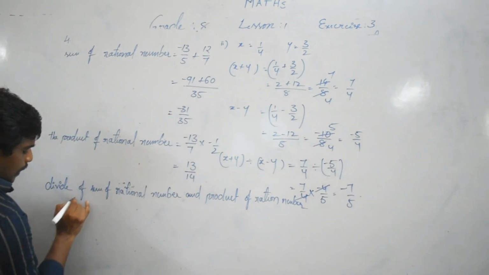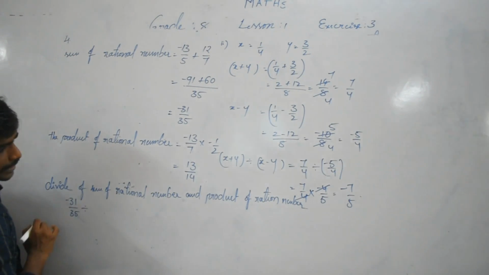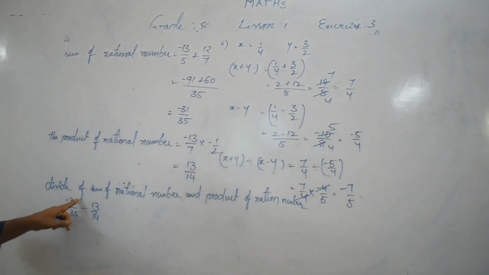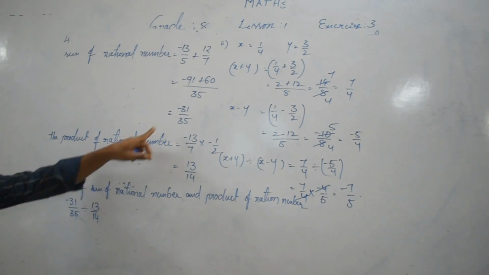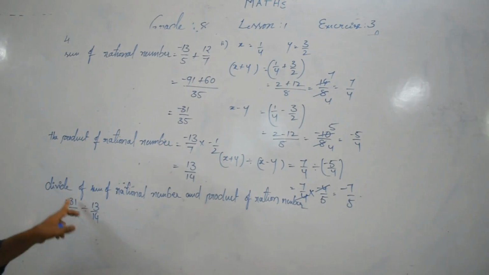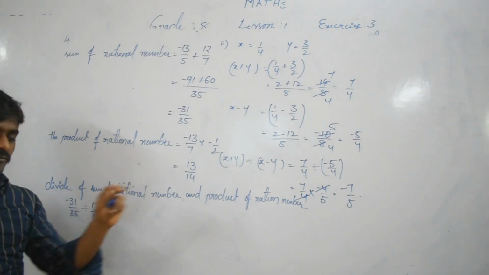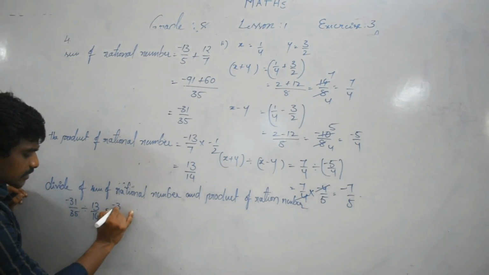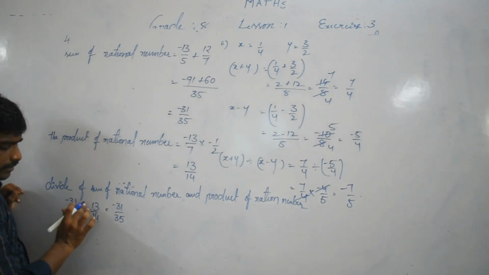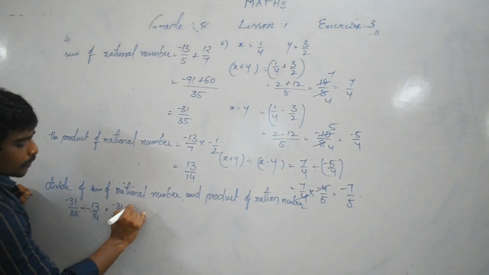So minus 31 by 35 divided by 13 by 14. So sum of the two rational numbers, minus 31 by 35, divided by product of two rational numbers, 13 by 14. So minus 31 by 35, here division symbol convert to cross out, reciprocal write.